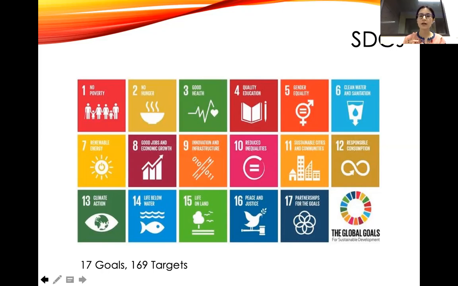So a lot of these goals, or a lot of these objectives that we have, can be covered in different sustainable development goals. And that's why even the goals that would seem social to you are in a way related to the science.